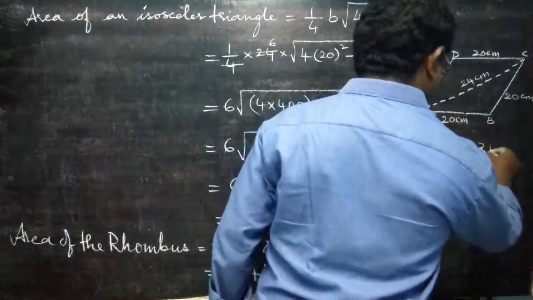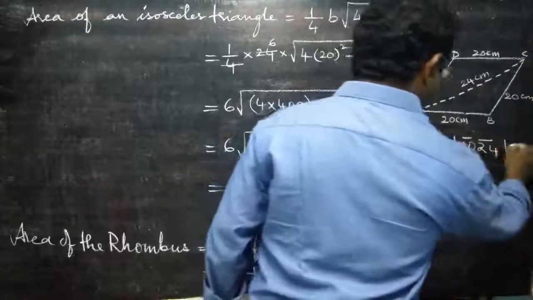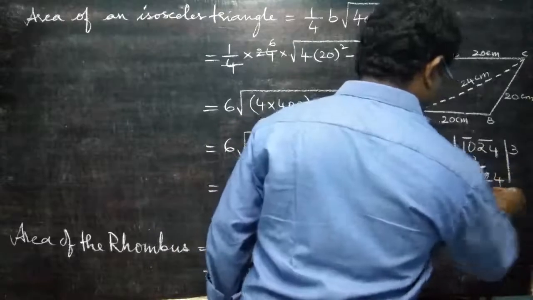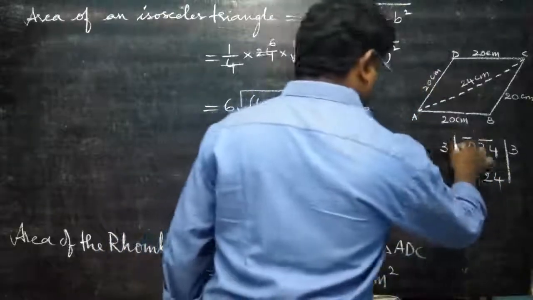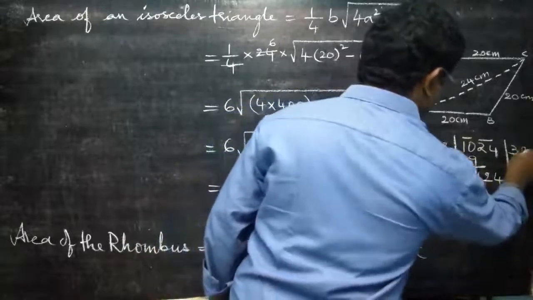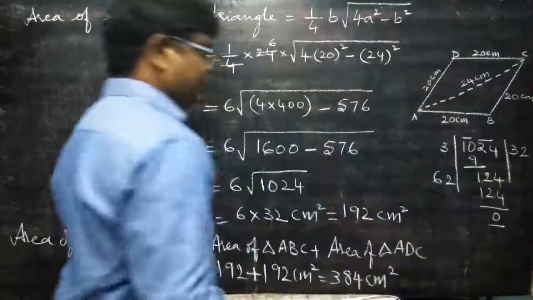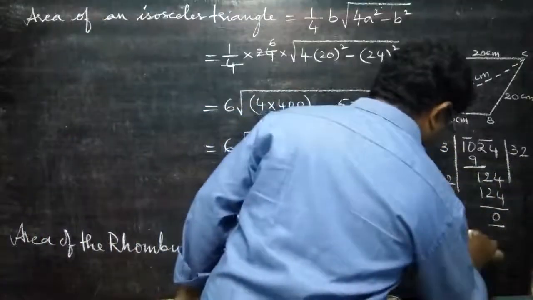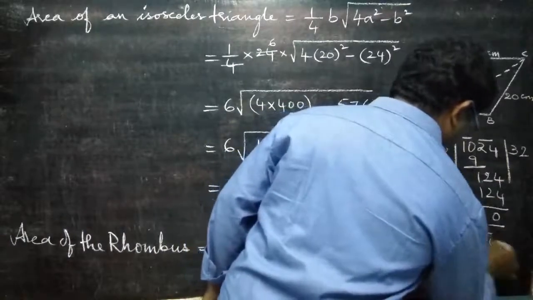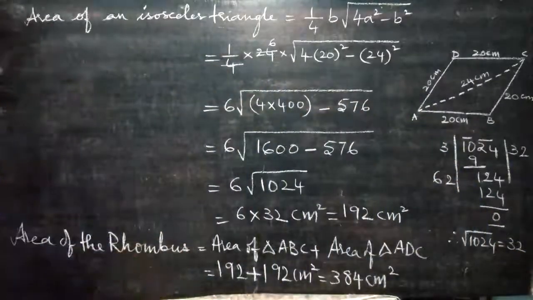Division method will be easy. Take bar. 3 3s are 9. 1 remaining, bring down 24. 6, 3 plus 3 is 6, 2 times 124, 0. So the square root of 1024 is equal to 32. Or you can go prime factor method also, you get the same answer.